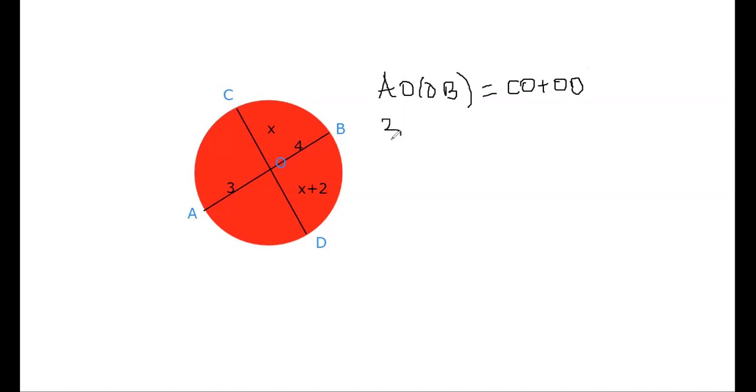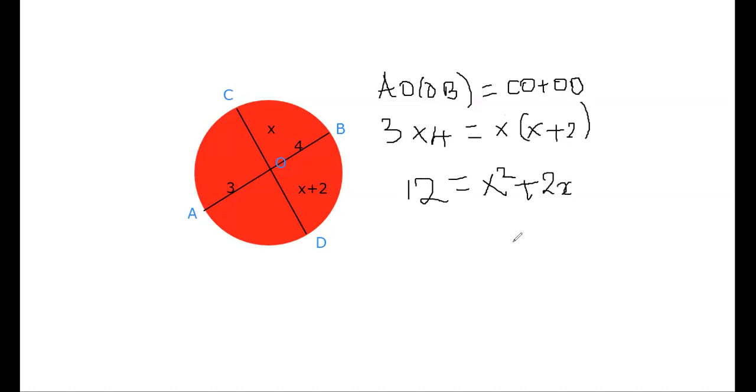We are going to have 3 multiplied by OB, which is 4, is the same as CO, which is x, multiplied by OD, x plus 2. Now, this is going to be 12 equals, open this bracket, and if you have a number outside the bracket, it multiplies each number inside the bracket, so you're going to have x squared plus 2x.